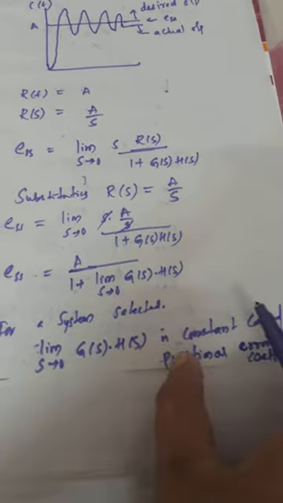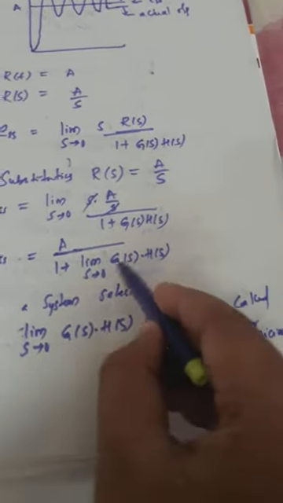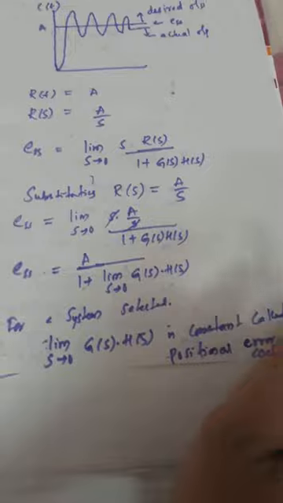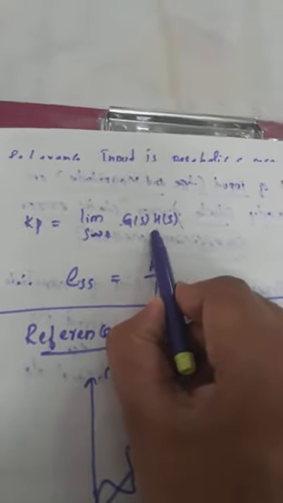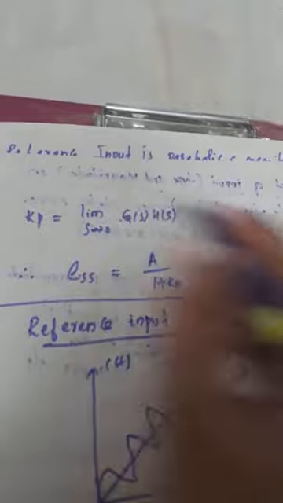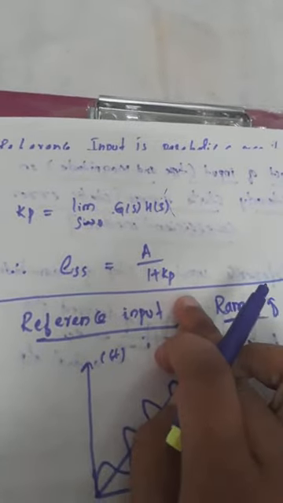That means this entire term will be replaced by the constant Kp, that is Kp is equal to limit S tends to 0 of G of S into H of S. Therefore ESS is equal to A divided by 1 plus Kp.